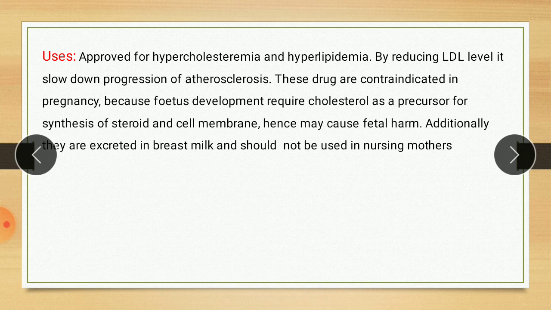Fetus development requires cholesterol as a precursor for synthesis of steroids and cell membranes. Hence it may cause lethal harm. Additionally, they are excreted in breast milk and should not be used in nursing mothers. So these drugs are contraindicated in pregnancy as well as in nursing mothers. So that is about the HMG-CoA reductase inhibitors.